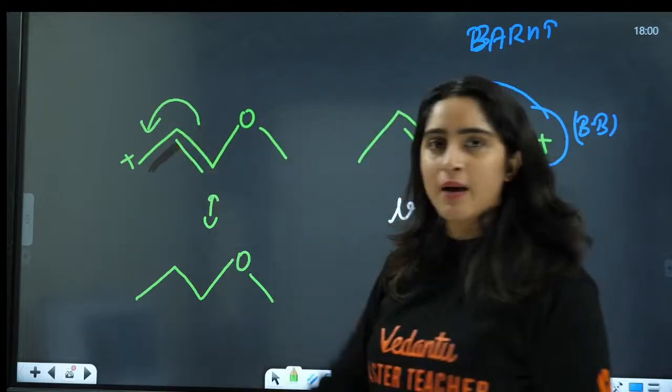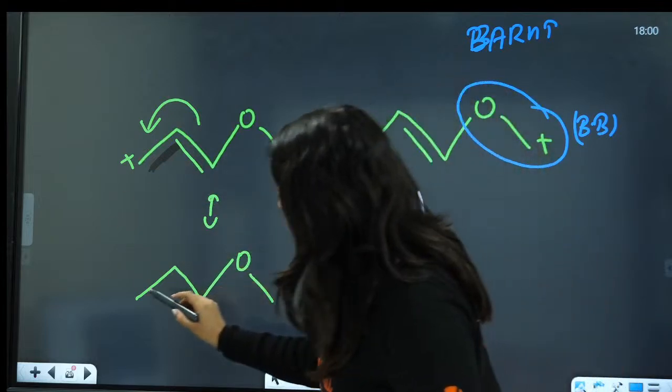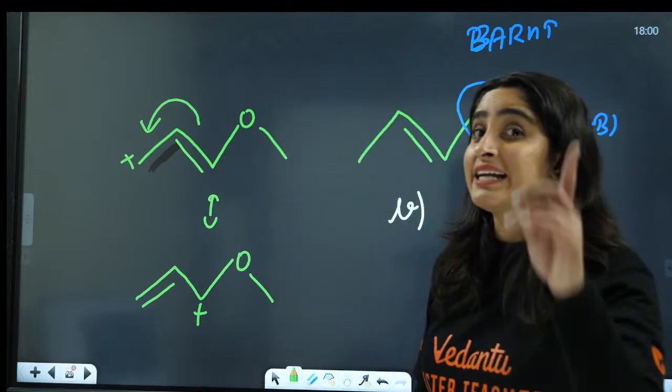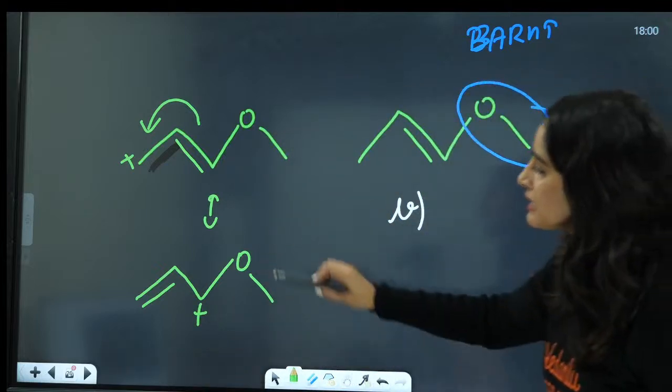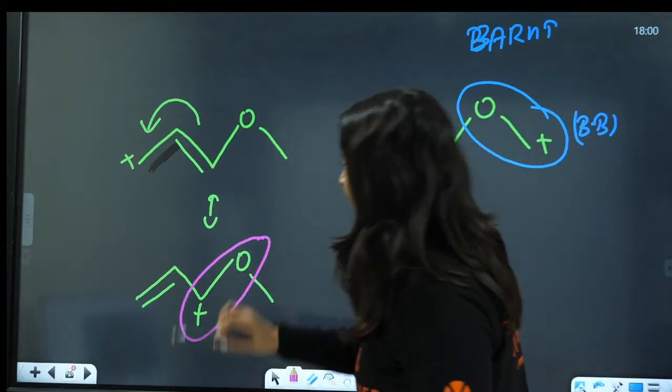This double bond will jump here, and here will be the positive charge, and now you can clearly see the back bonding present in this structure as well.